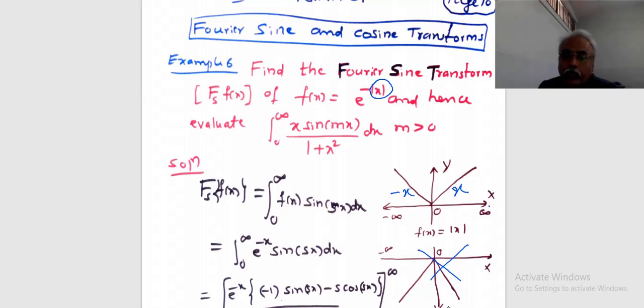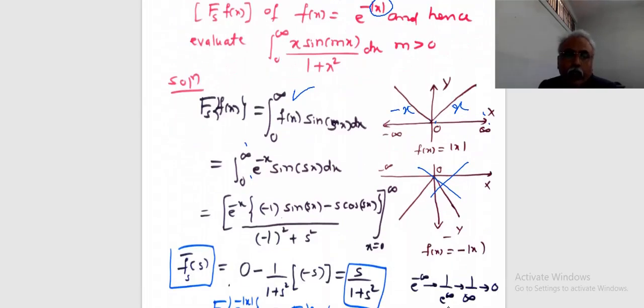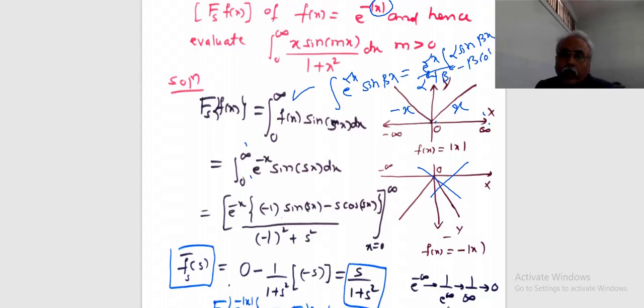Now there is a standard formula for such a thing, which I will write here. The integral of e raised to alpha x sine beta x is e raised to alpha x divided by alpha square plus beta square into bracket alpha sine beta x minus beta cos beta x.